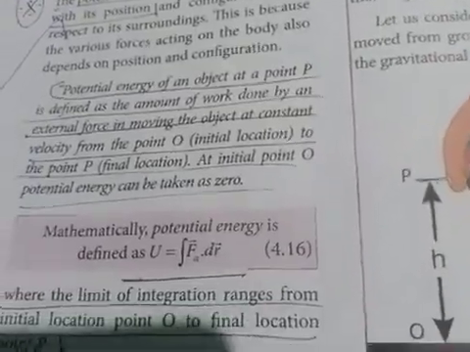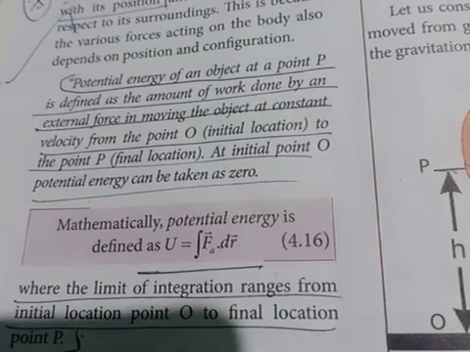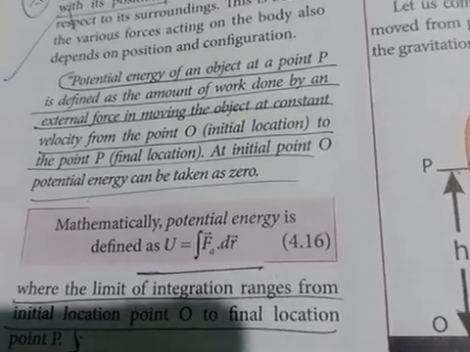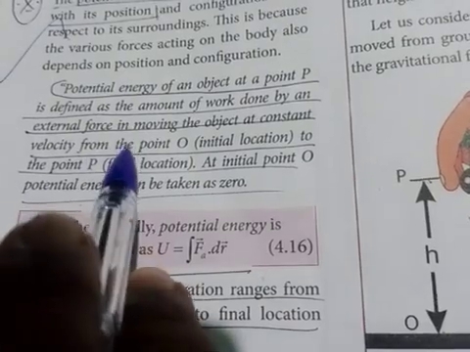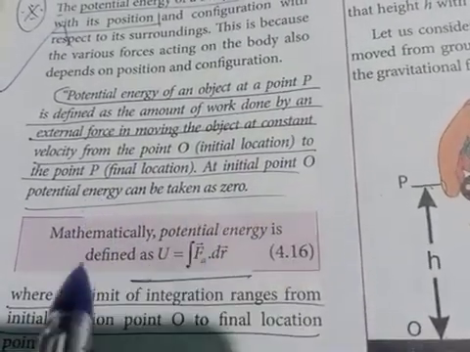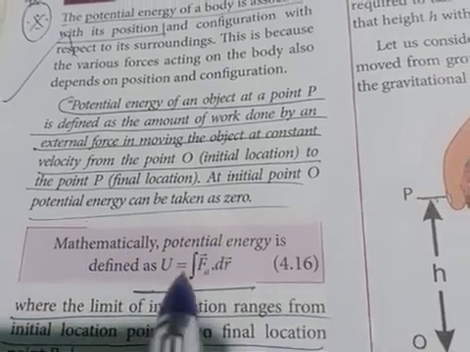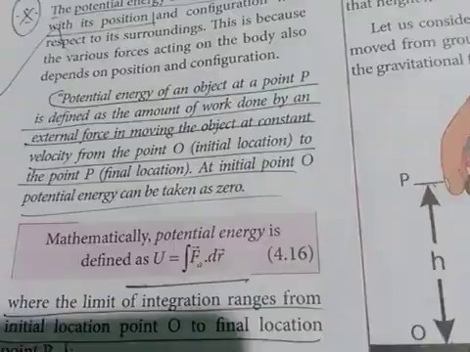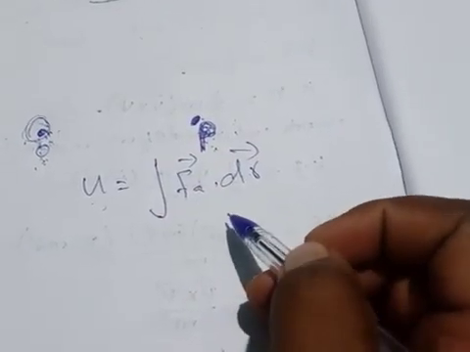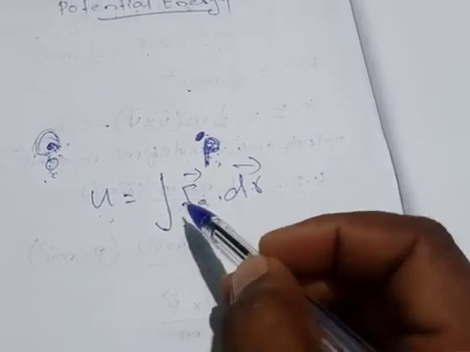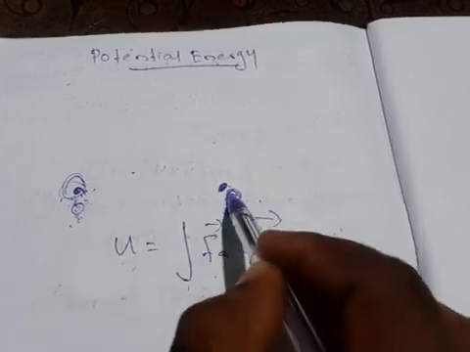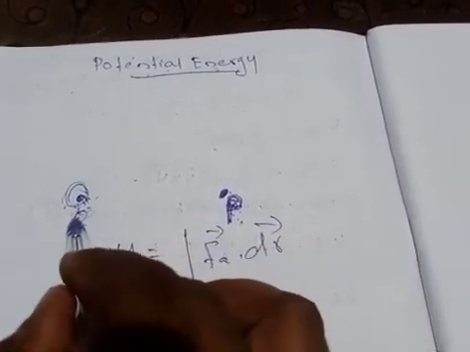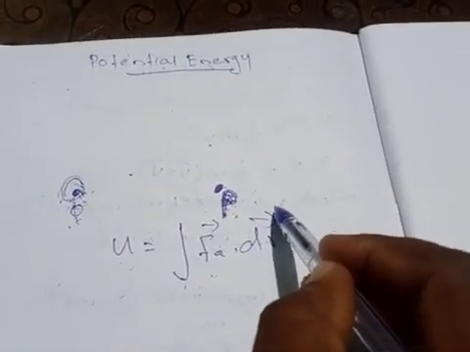Potential energy of an object at a point P is defined as the amount of work done by an external force in moving the object at constant velocity from the point O to the point P. At the initial position the potential energy is taken as 0, so that you can write mathematically U is equal to integral Fa dot dr, and we have to integrate this equation with the limits to find out the potential energy from the point O to the point P. This is the initial position, and this is the final position.